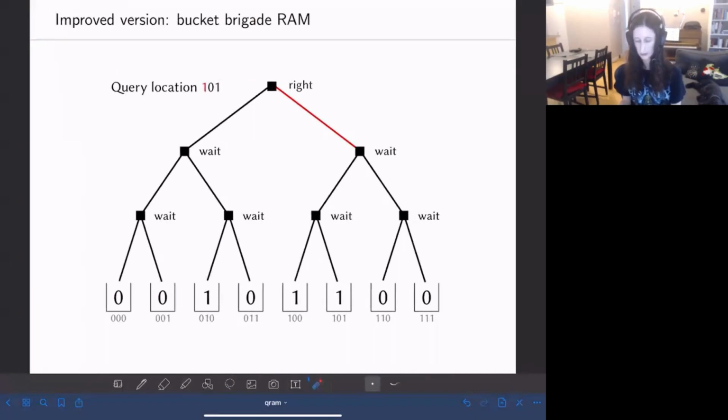So in order to make the query, what you do is you feed the address bits to this tree one at a time. So you start at the first bit, you send it into the tree, and it reaches a node that's in the wait state. So this node kind of absorbs the state of the address bit that comes in. So this node decides to turn on the part of the electronic component that sends current to the right, because this is a 1.